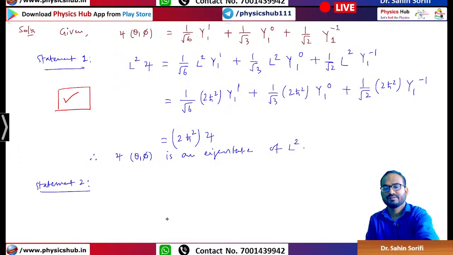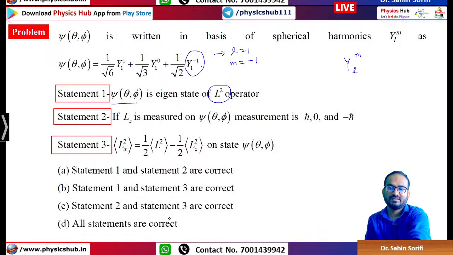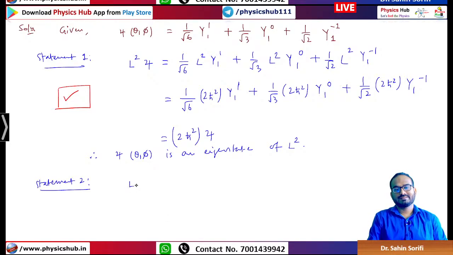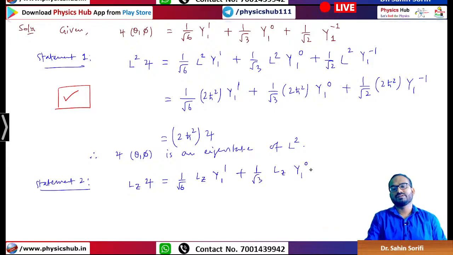What does it say? If Lz is measured on psi, the measurement will be h bar, 0, minus h bar. How will you do this? You know, Lz if measured on psi, it will be 1 by root 6 Lz Y11, 1 by root 3 Lz Y10, 1 by root 2 Lz Y1 minus 1.